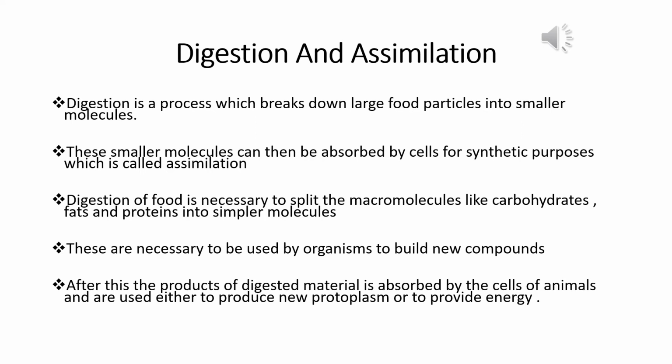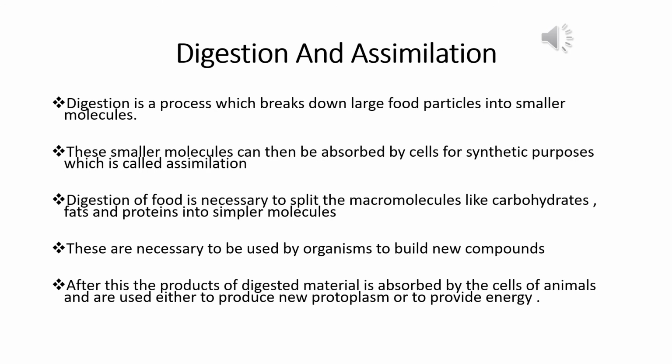Moreover, digestion of the food is necessary to split the macromolecules like carbohydrates, fats, and proteins into simpler molecules. These are necessary to be used by the organisms, students, to build new compounds.